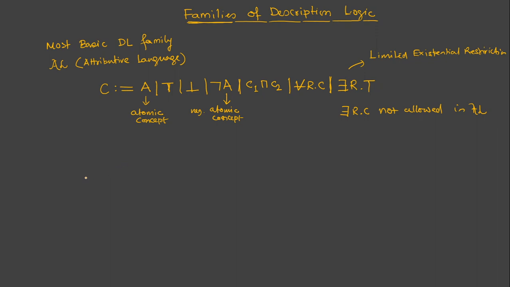Right. So let us have an example of a concept expression that belongs to this particular language family. Let us define, say, AI student researcher. Let us make this equivalent to: an AI student researcher is a student in the first place, and it is not a faculty, and for all the things they have published, they belong to the domain, say AI, right?